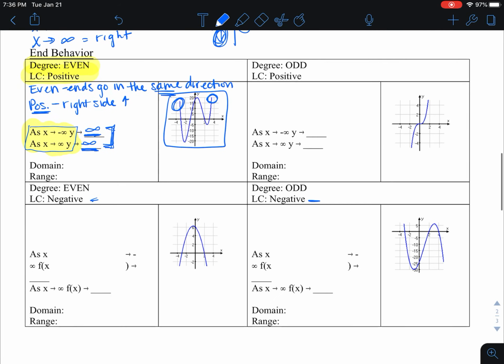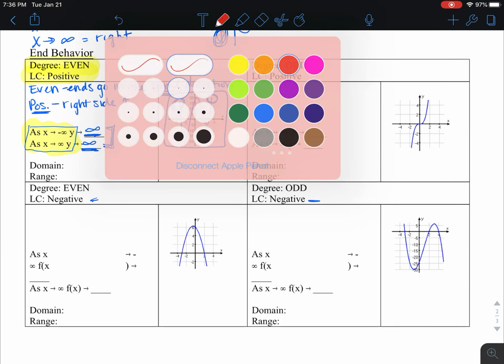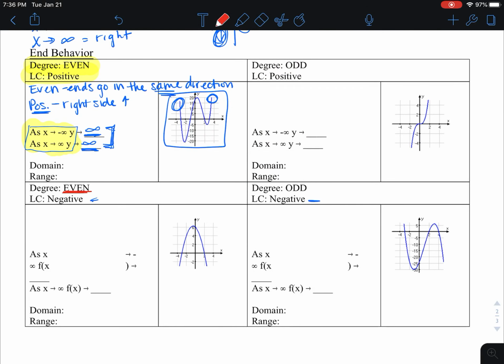All right, let's look at the one below. Here we've got even, but with a negative coefficient.